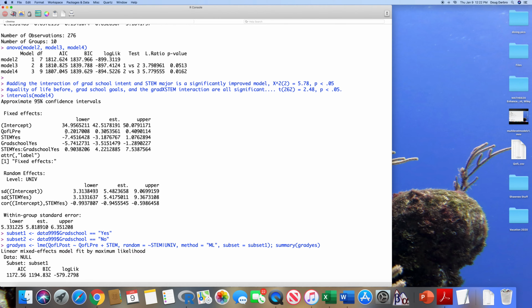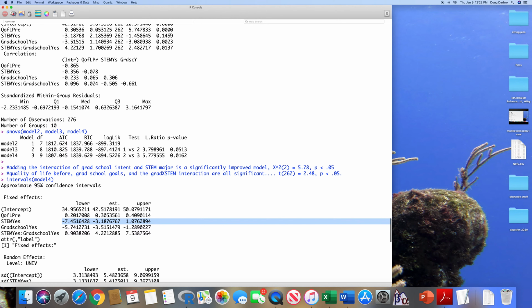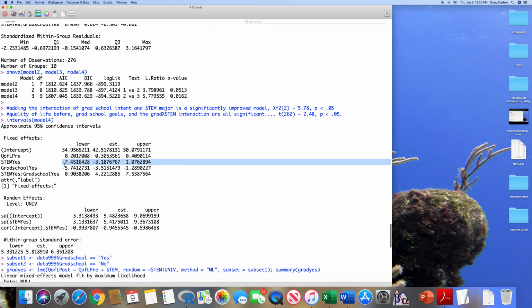Confidence intervals, obviously, this is our lower bound, this is our upper bound, and if our confidence interval contains 0, then we do not have statistical significance. Indicated by STEM yes. Notice STEM yes is not statistically significant. Notice the other 4 intervals do not contain 0, so they are.